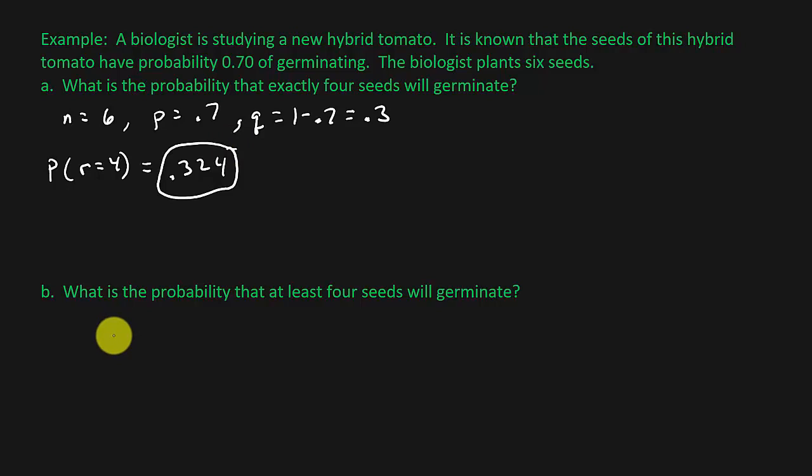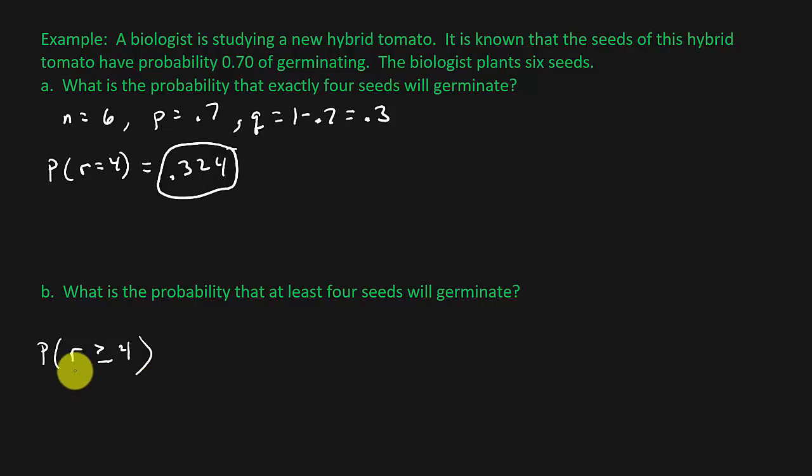And stay tuned for after this problem so I can explain something else to you. Sometimes that table's not going to always work, and I'll explain that in a minute. So what is the probability that at least 4 seeds will germinate? So that's the probability that R is at least 4. That means it could be 4 or 5 or 6.